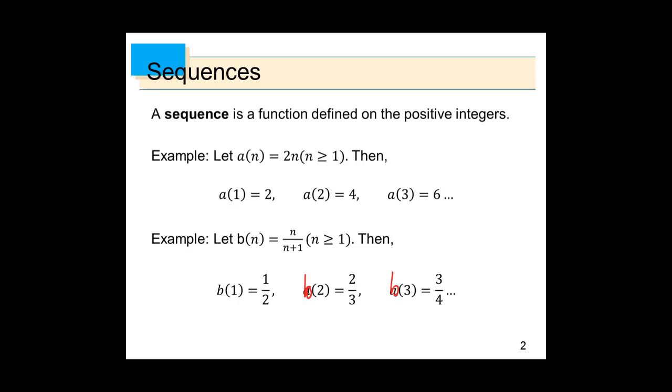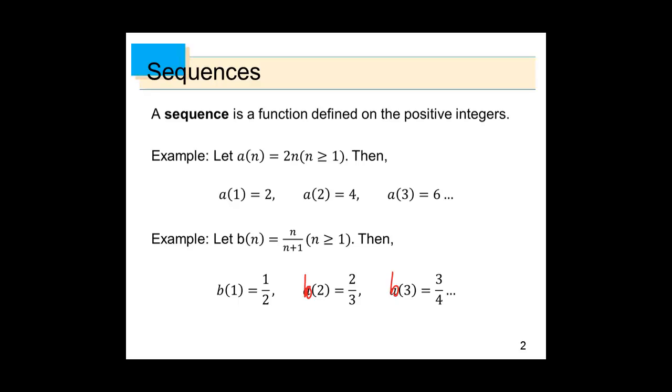A sequence is just a function where the domain of the function is the set of positive integers 1, 2, 3, 4, and so on. So it's any function where the domain is just the positive integers.